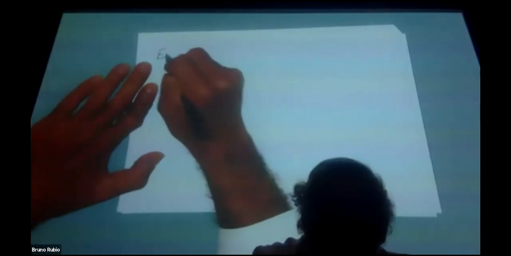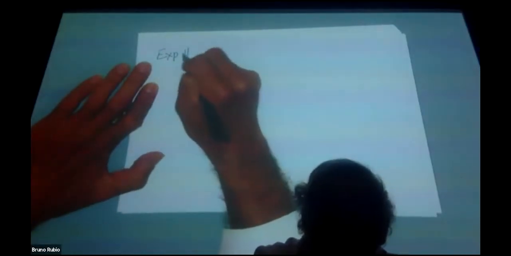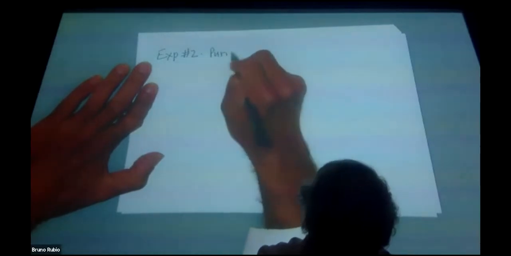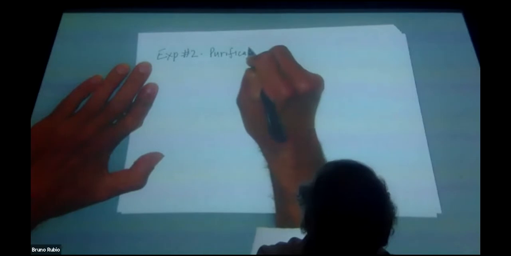So the next, before time runs out, I want to talk about the next couple of experiments. Thursday's lab, experiment number 2, is about purification, techniques of purification.